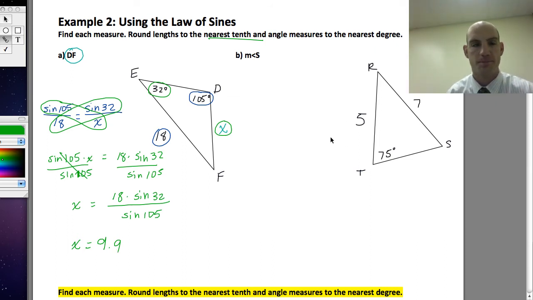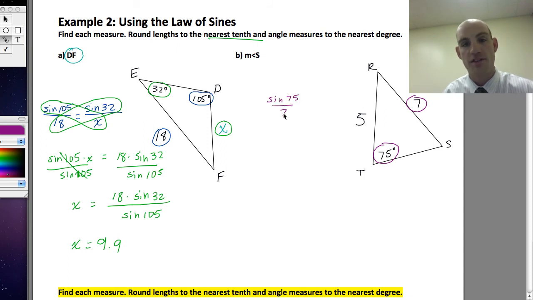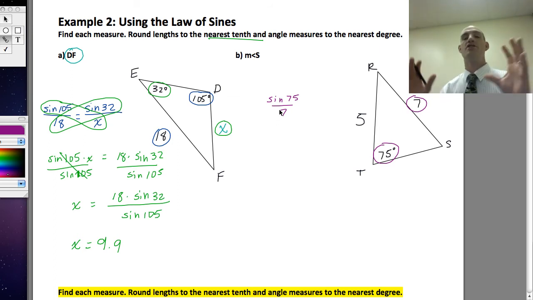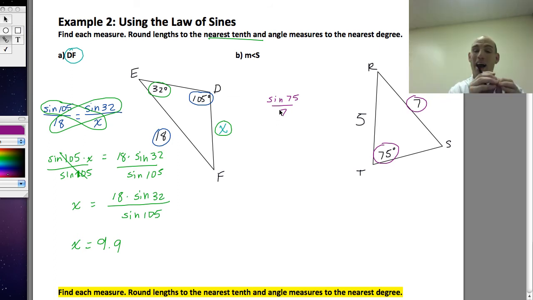Let's look at this next one. If you try to figure out what your comparison ratio is going to be, notice I have 75 and I have 7. So the sine of T, or sine of 75, over the side opposite it, that is going to be my comparison ratio because I have the sine of the angle and I have the opposite side.